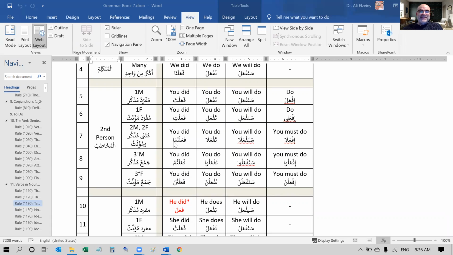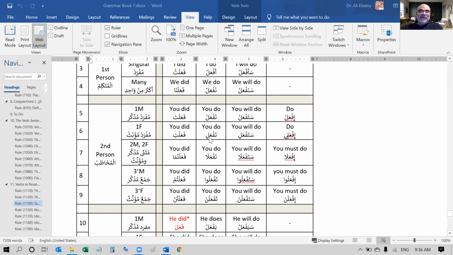In the present tense, taf'ala, tazra'a. You see? So this way we can convert from one form of the verb to other forms of the verb.